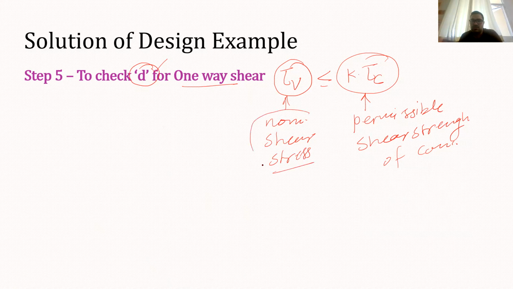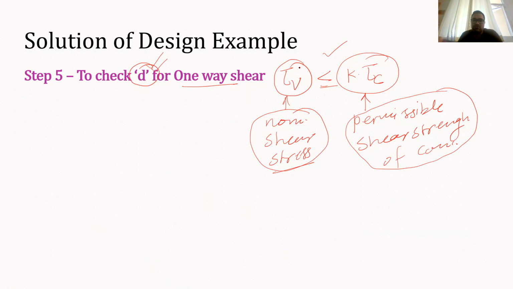So stress caused because of the external load should be less than the permissible strength of the concrete. If this condition is satisfied, then we say that this D is safe. If the condition is not satisfied, then D is not sufficient for the one-way shear criteria, and in that case we have to revise the D. So that is the condition that we have to satisfy.